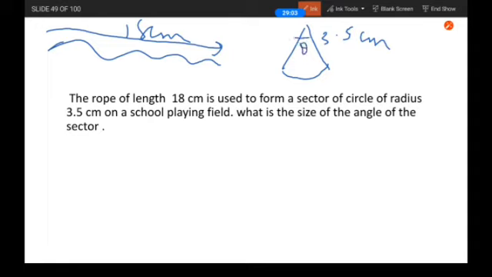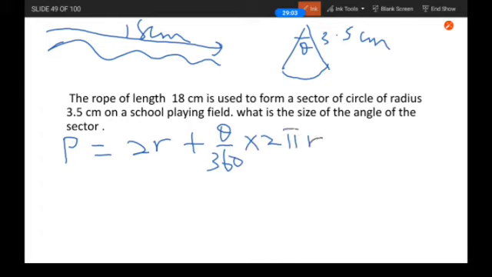That means we have already been given the perimeter of the sector because length is synonymous with perimeter. The perimeter of the sector is 2r plus the length of arc, theta over 360 times 2 pi r.